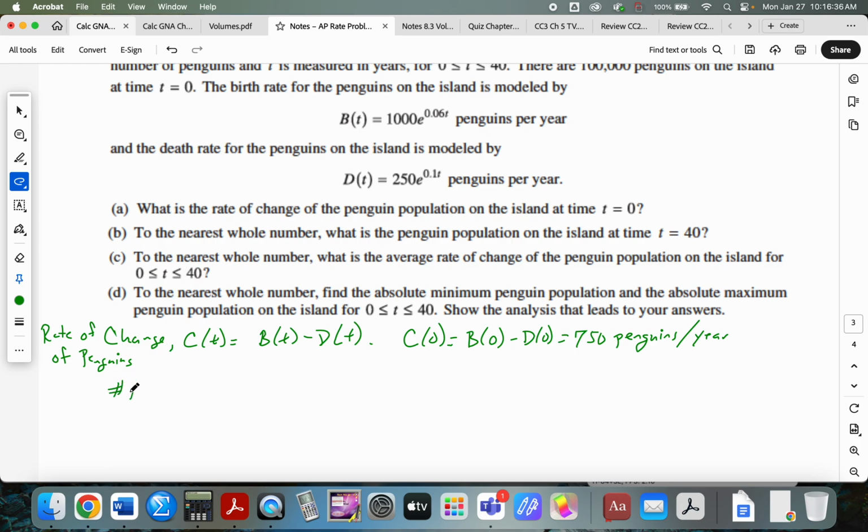So the number of penguins is going to be equal to what you started with, 100,000, plus the integral from 0 to 40 of B of t minus D of t, right? Because the integral of the rate of change of something gives you the amount of change.